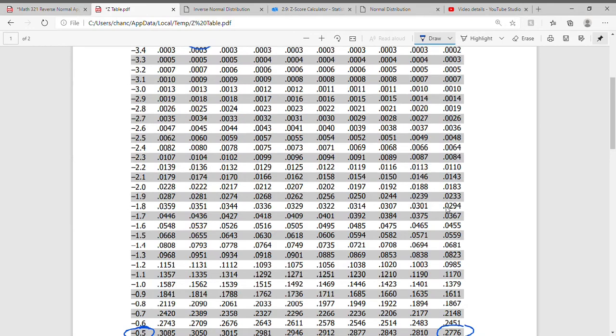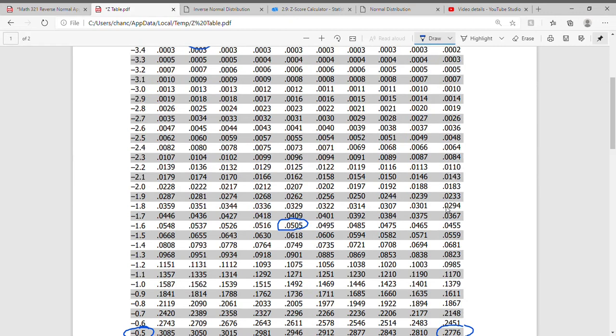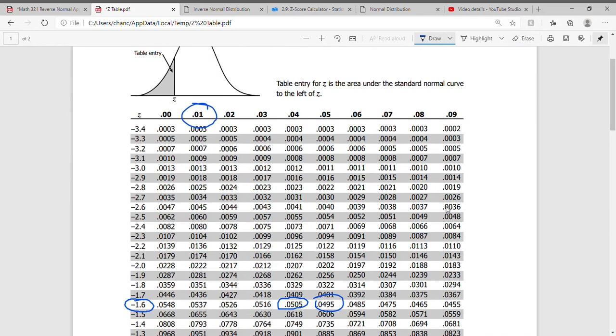Now there's two numbers that are very close to 0.05. There's 0.0495 and 0.0505. These are equally close to 0.05. So I am going to use what's between the two. We have a Z of negative 1.64 and a Z of negative 1.65.